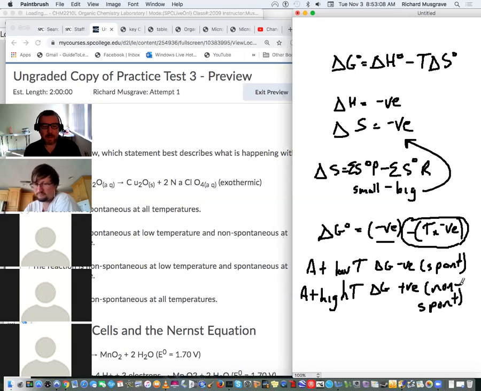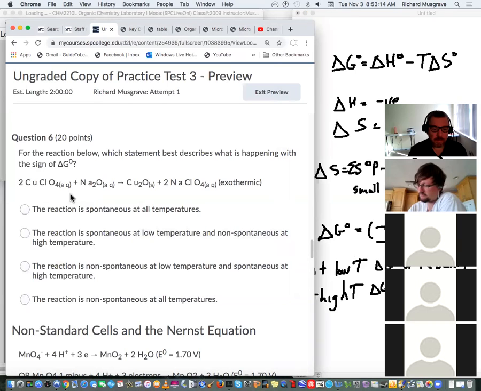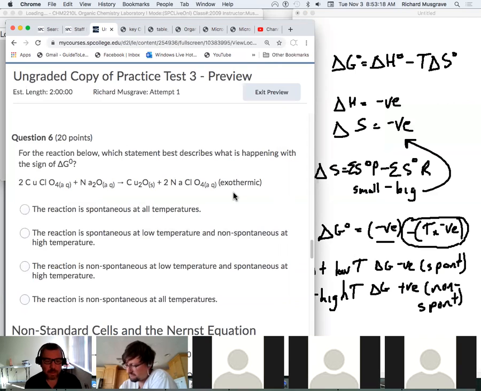So it really should be that easy. You should be able to tell immediately, without any real drama, what the signs of delta H and delta S are, and then apply them to the delta G equation. Does anybody have any questions about number 6?